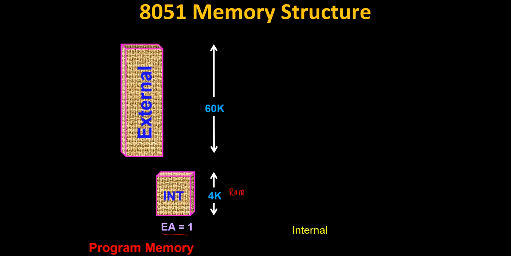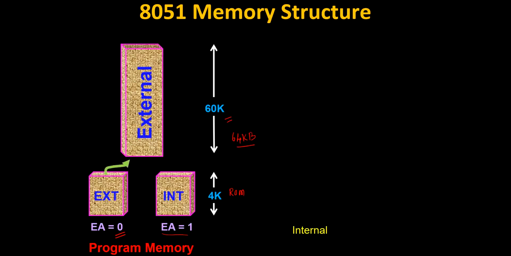Totally the program memory is 64 kilobytes. I'll come to the code memory later. Whenever EA is equal to 0, it consists of a total of 64, like 60 is external and 4K is internal. Total it is 64 kilobytes when EA is equal to 0.